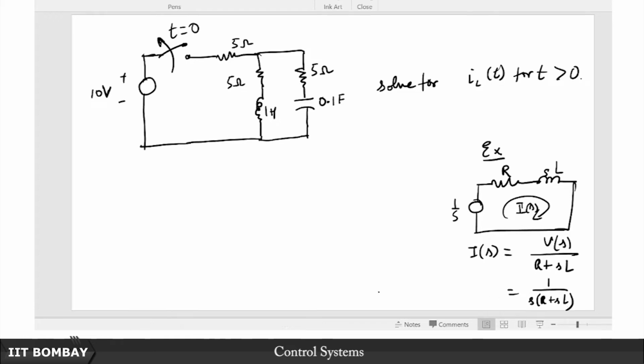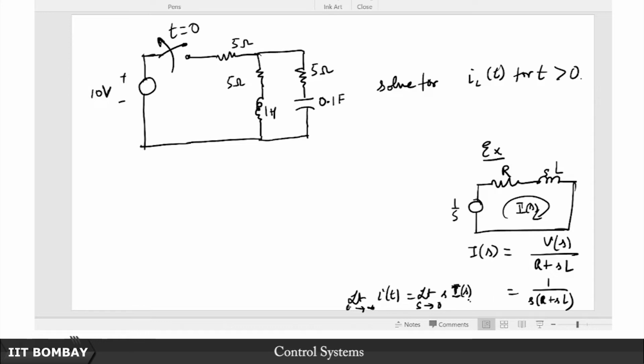So now if you want to find i(t) as t tends to infinity, it is nothing but the limit as S tends to 0 of S times I of S.